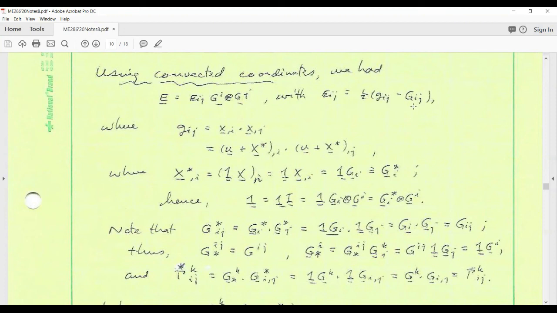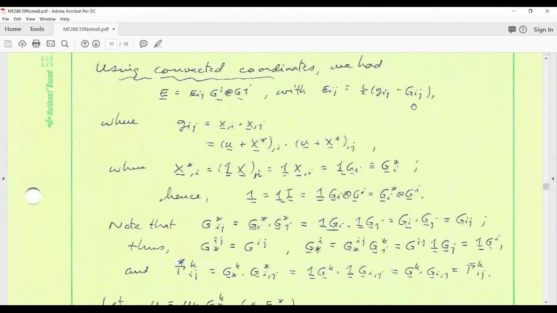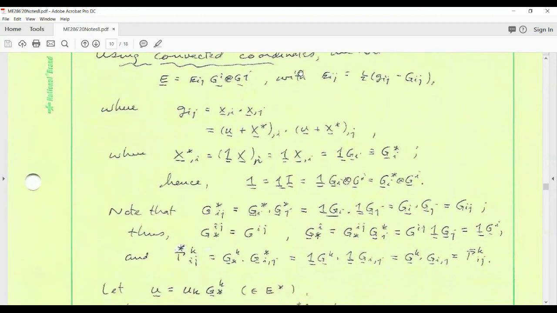And these were the metrics induced by the convective coordinates. We're not changing the coordinates, remember, in this formalism. And the way you compute the small g's is by taking small gi dot small gj, and small gi was small x comma I, etc.